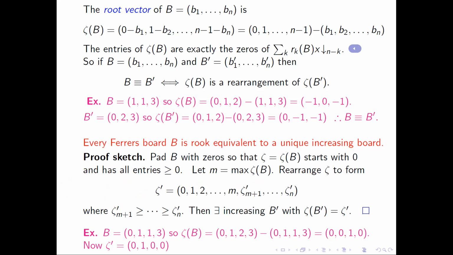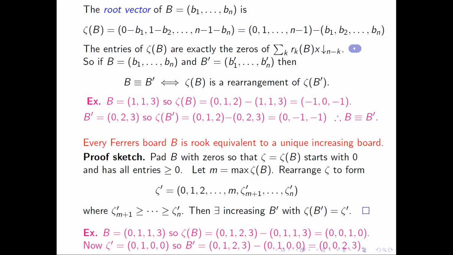So zeta m plus 1 prime and then zeta n prime in this case are just 0 and 0 respectively. M was 1. So 0, 1, 0, 0, that's zeta prime. So B prime, remember what we did? B prime is gotten by simply taking 0, 1, 2, 3 and subtracting zeta prime.